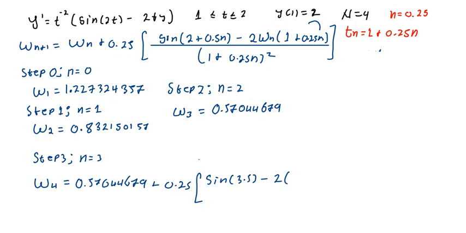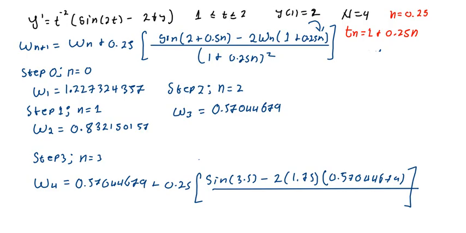If you plug in a 3 here, that would be 0.25 times 3, it would be 0.75 plus 1 is 1.75, right? Then here what you do is wn, which is actually your w3, and we have calculated to be equal to 0.5704467. Okay.